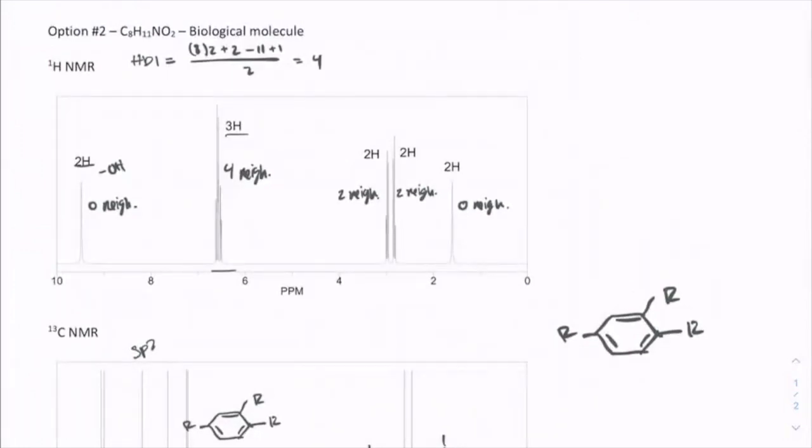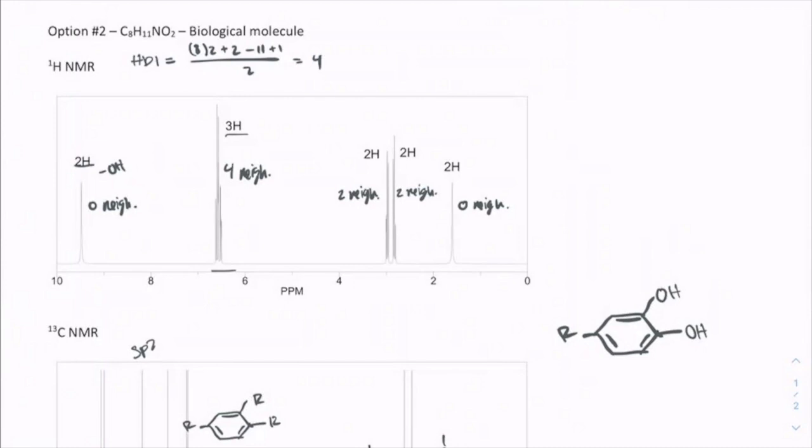Okay. Loss of an ethyl radical. Okay. So 2 of these are definitely going to be the OHs, right? Because they have no neighbors. What's an aromatic ring's mass? Okay, so we need to add 2 more carbons to this.